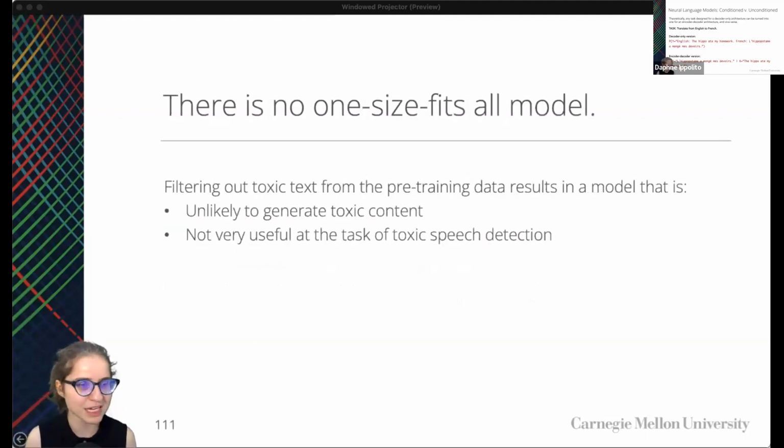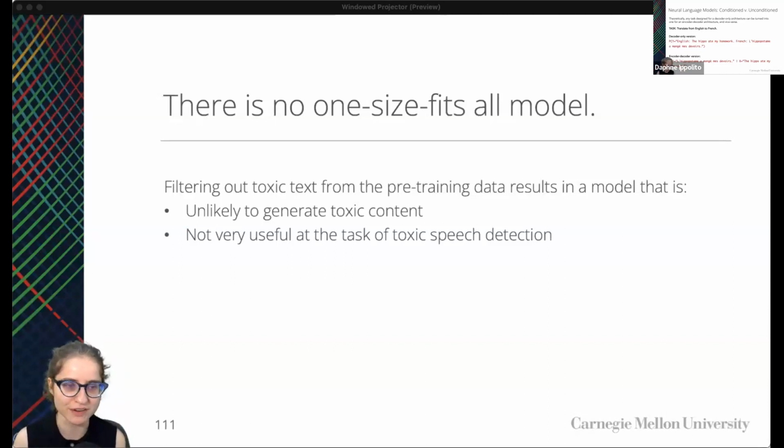And then I want to end with this point: there is no one-size-fits-all model. For example, if you filter out toxic text during pre-training, so you filtered your pre-training dataset to not have any toxic text in it, this is going to result in a model that is unlikely to generate toxic content, but it's also not going to be a very useful model for the task of toxic speech detection.